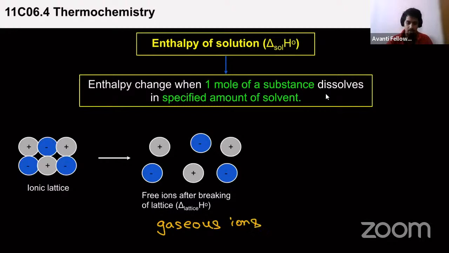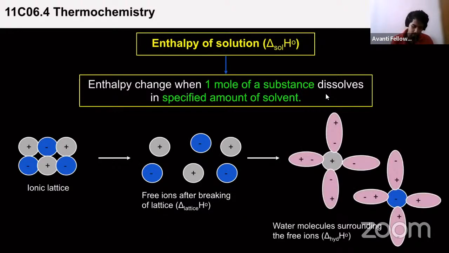Clear, everyone? When we convert this 3D crystal into gaseous ions, we'll call it lattice enthalpy. We are not talking about enthalpy of solution yet. First I'm taking gaseous ions from the solid crystal, which is called lattice enthalpy. After getting gaseous ions, I will dissolve them in a solvent.